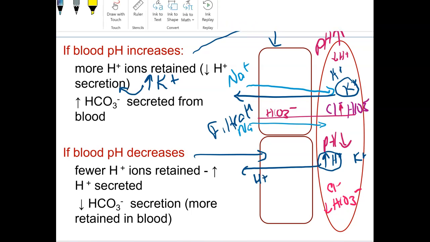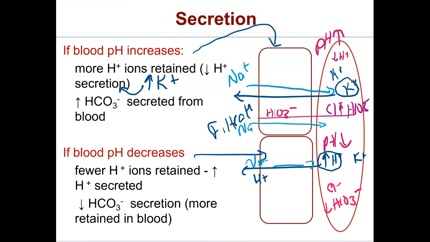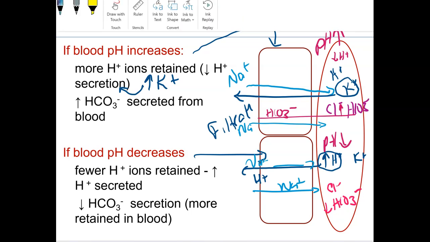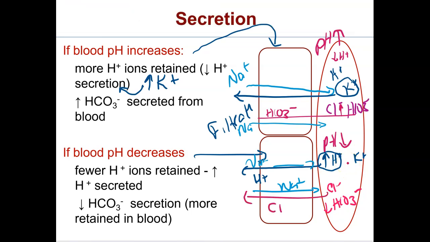Remember, sodium's coming back no matter what. So again, I'll just draw my little sodium here coming back. Same thing here. And in this case, if we're looking at the base, right? So if my pH goes down, I'm too acidic. Now I want to hold on to bicarb, so I'm going to kick the chloride out.